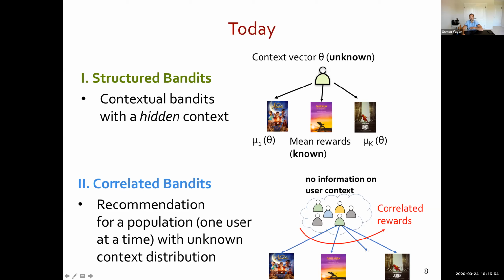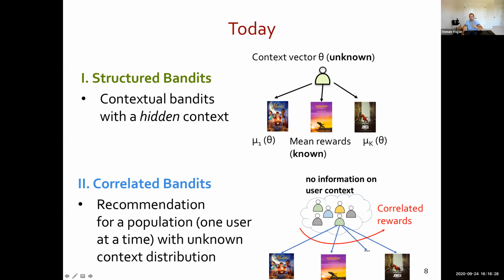But what I will try to leverage in the correlated bandit case is the fact that these items that I am showing to them are inherently similar, or there's some inherent correlation among them. So if I am picking this particular user and showing them a specific movie or a specific ad, upon observing the reward from that, I can maybe make some estimation on how much reward I would have obtained if I had shown them this other movie.